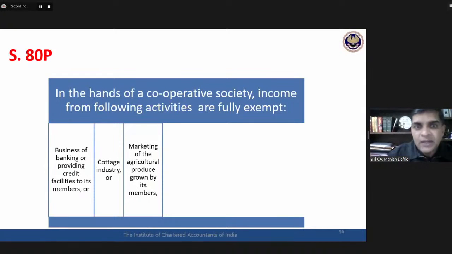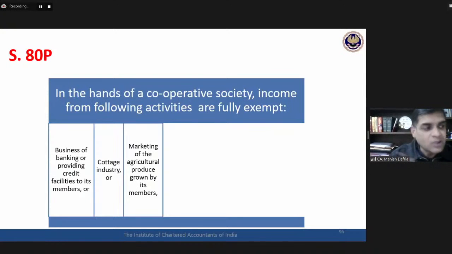What is required? What you are marketing should be the agricultural produce. Say, for example, farmers have grown sugar cane in the field, and that sugar cane has been converted into sugar, and that sugar is being marketed by the cooperative society. Are you marketing agricultural produce?